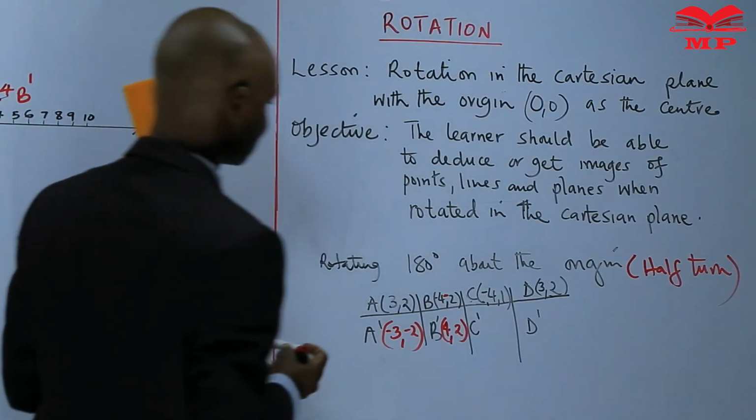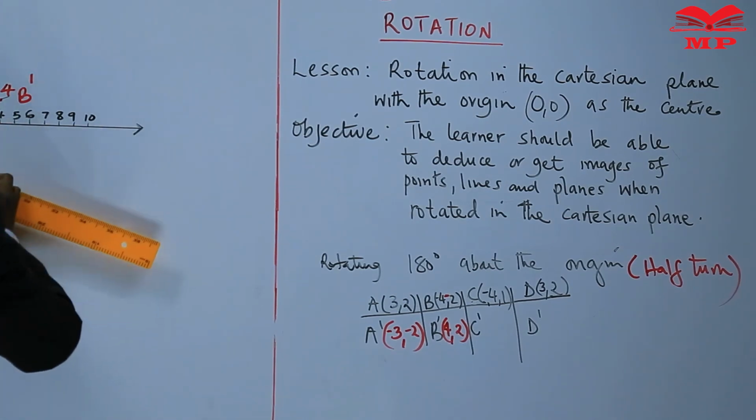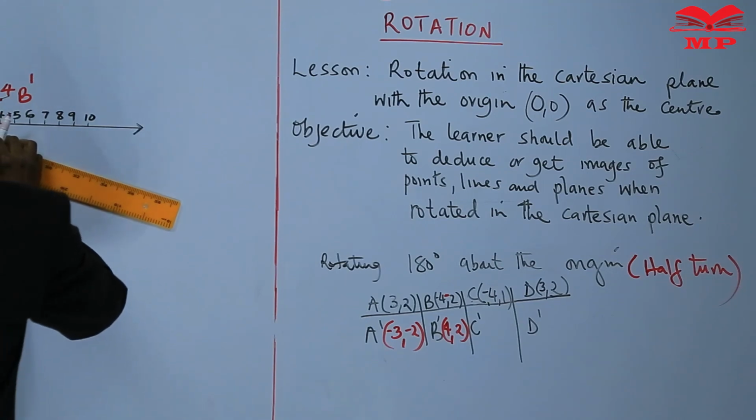These ones have changed sign. Let's go to C. Negative 4, 1 is here. So if we stretch it, this is C.